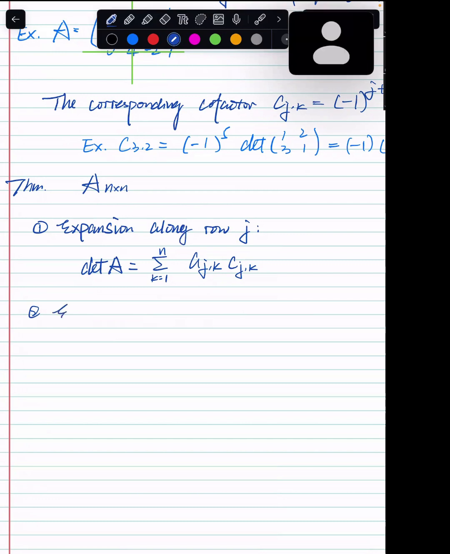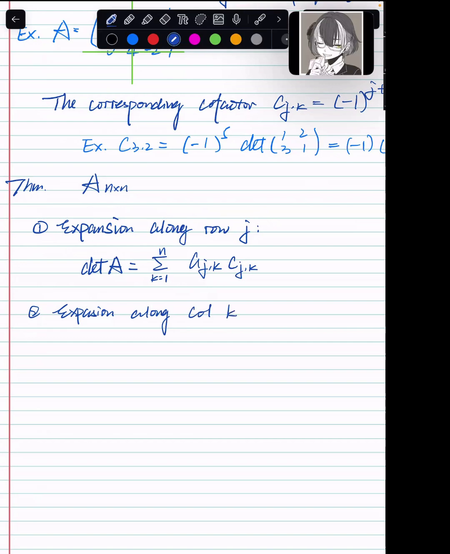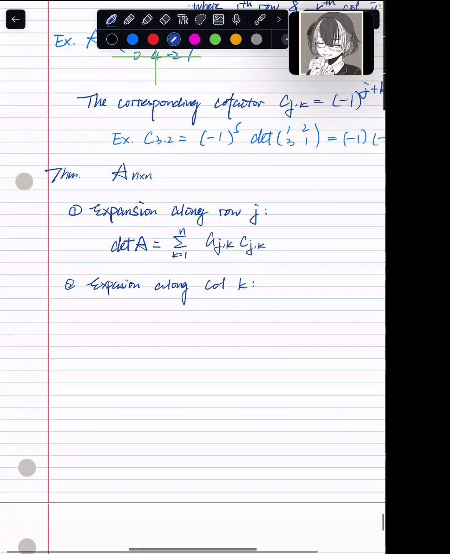So if we're doing an expansion along the column K, then very similarly, we can calculate the determinant of A to be the sum over m equals 1 through n of A m k times C m k.